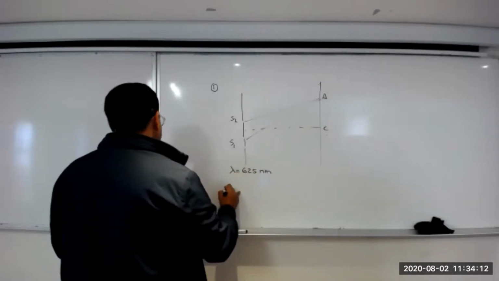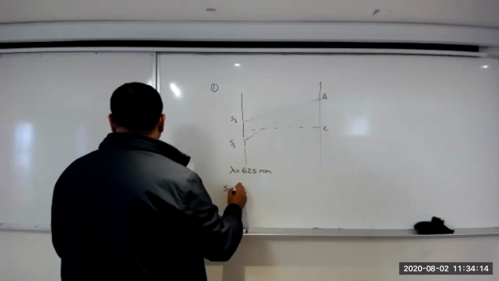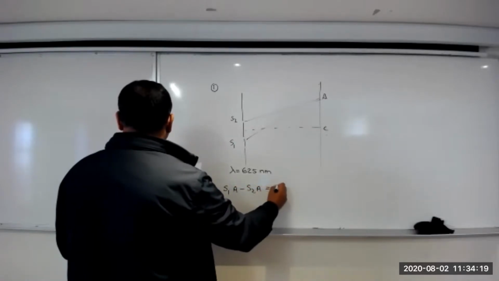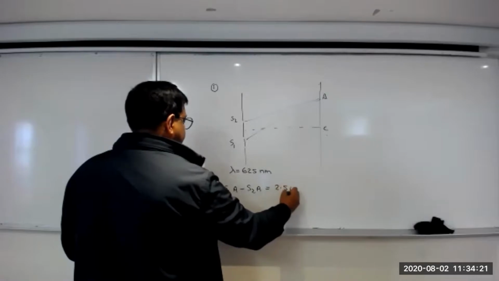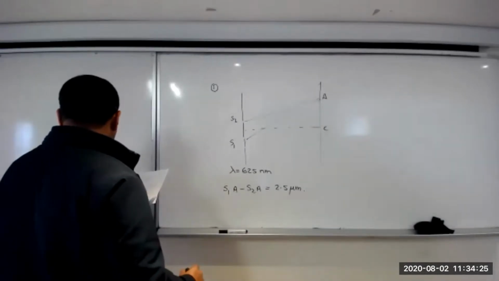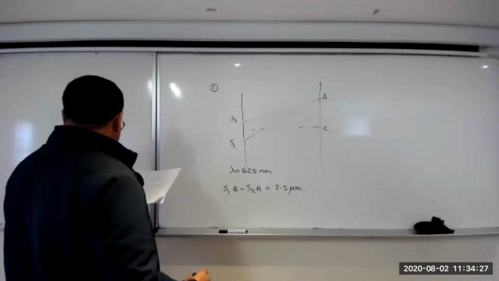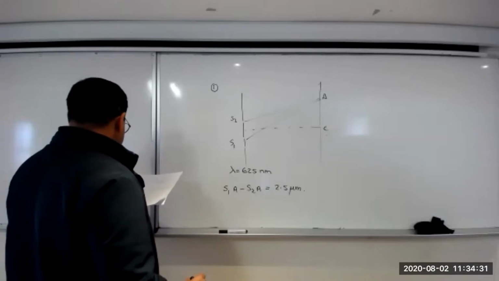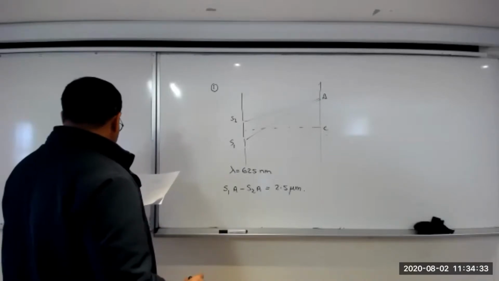So basically they're saying S1A minus S2A is 2.5 micrometers. They're asking, starting from point C and moving directly towards point A, how many dark bands would you be crossing?